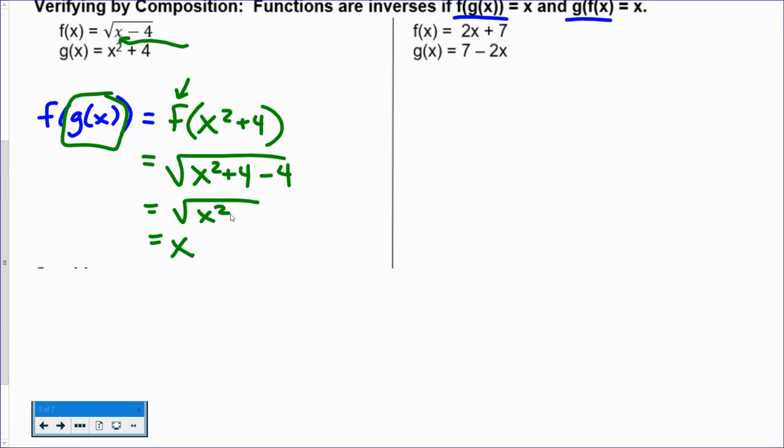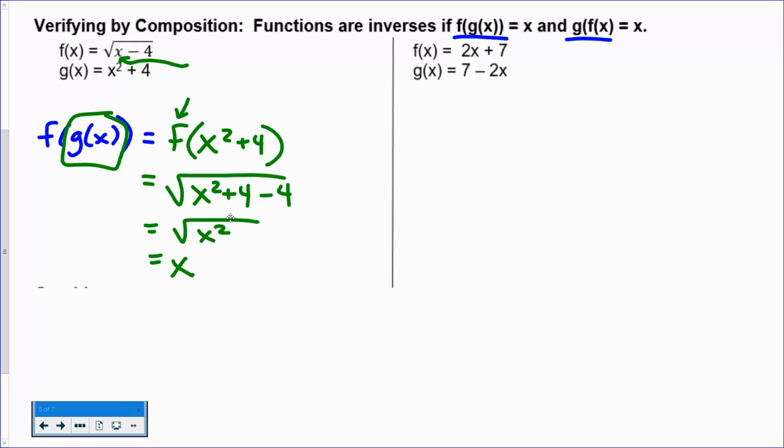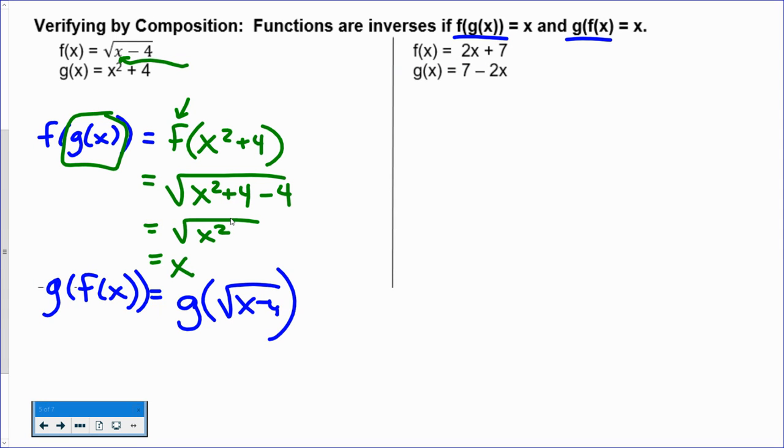So I need to show that g of f of x would equal x. My f of x is the square root of x minus 4, so that's going to replace the input in g of x. When I plug things into g of x, I square it, and then I add 4.